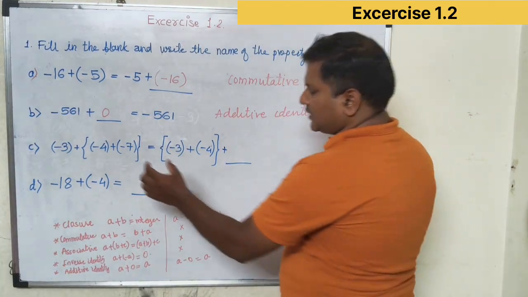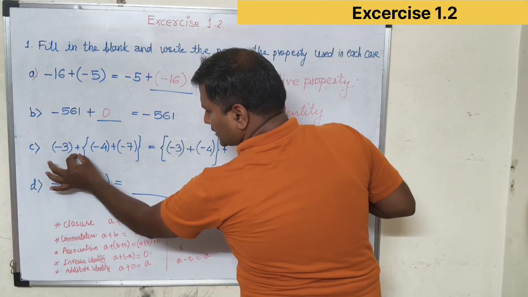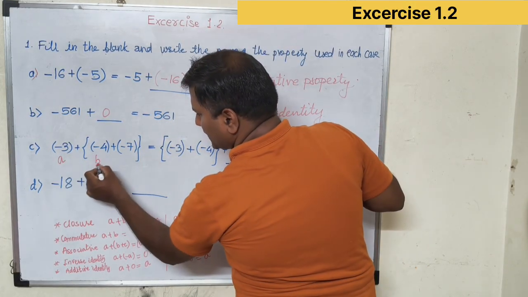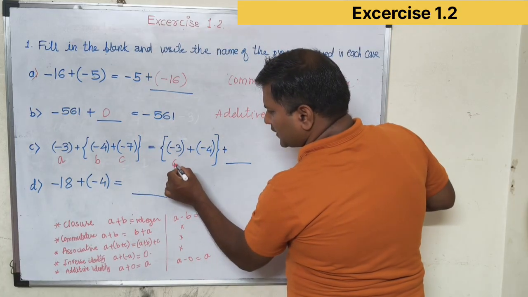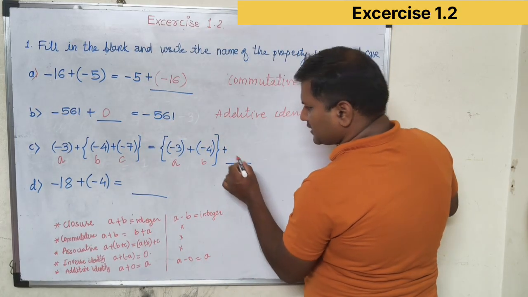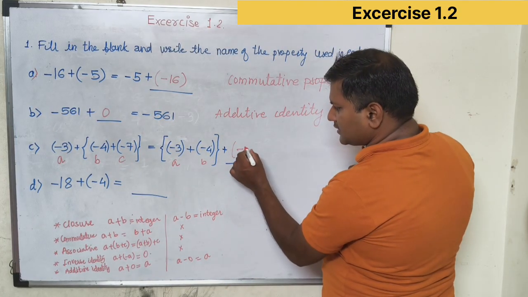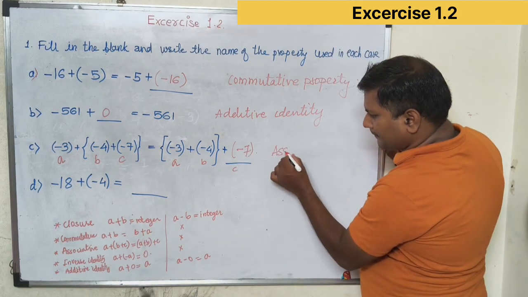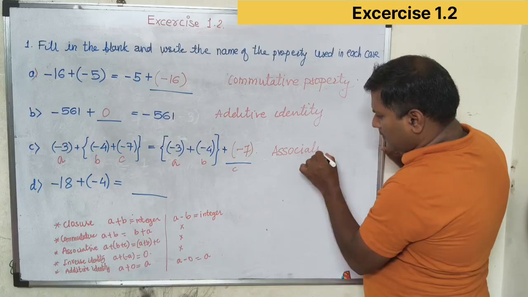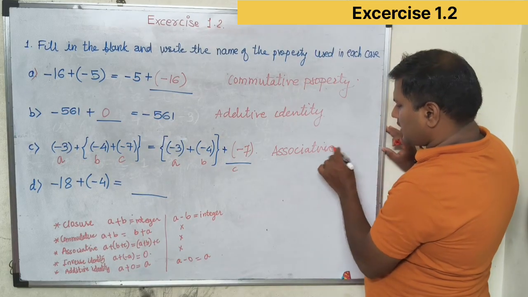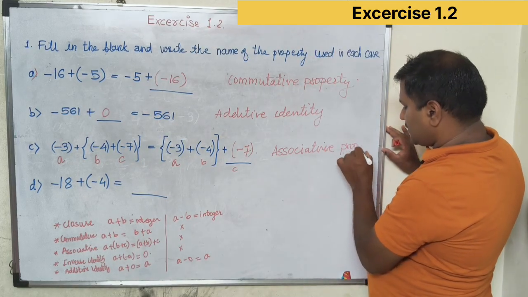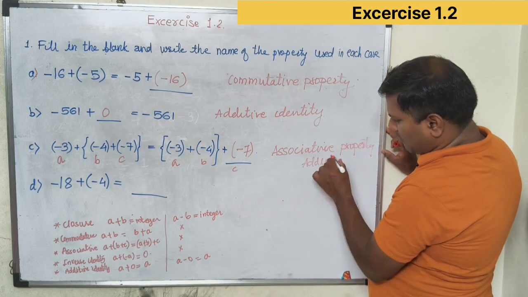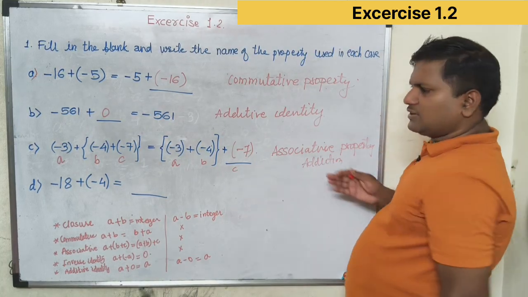Here c is the same as it is, minus 7. So this is which property? Associative property, of addition.